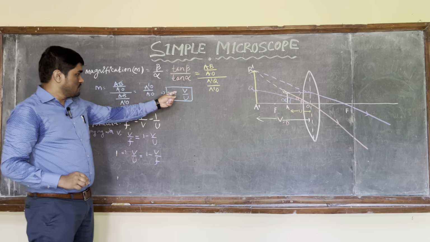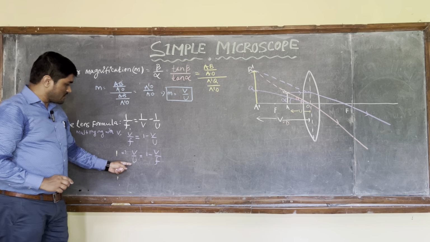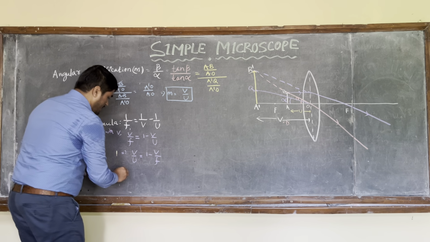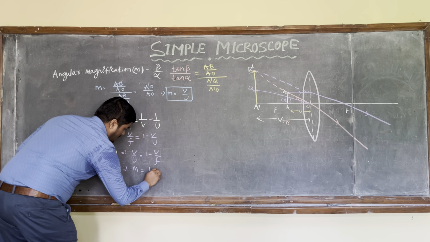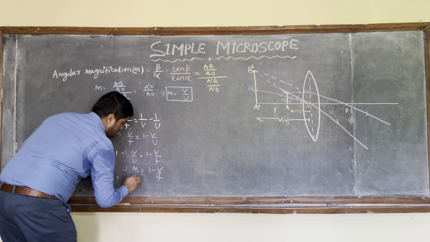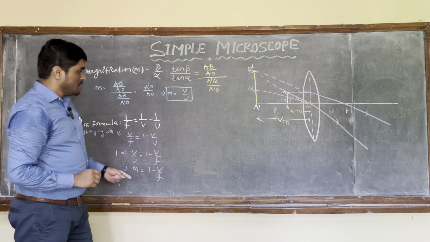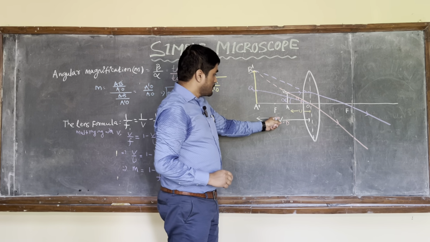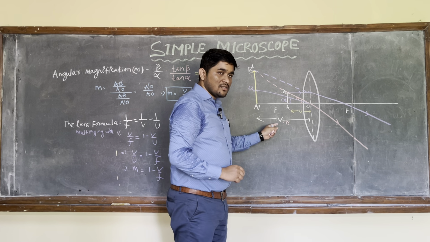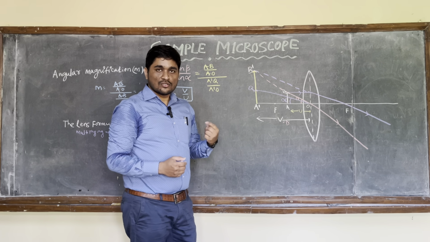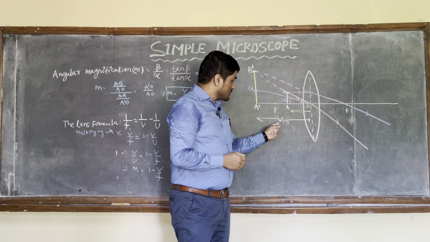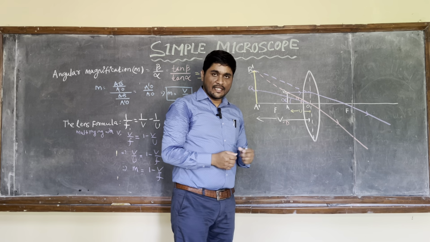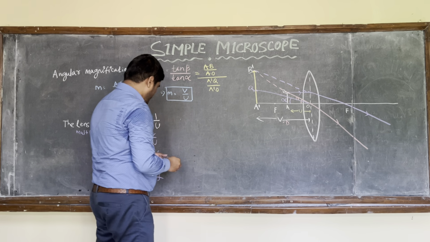So here v divided by u is the magnification. That implies you can write magnification m is 1 minus v divided by f. And here v is the image distance, and to find a sharp image, the distance v should be d, the distance of distinct vision.